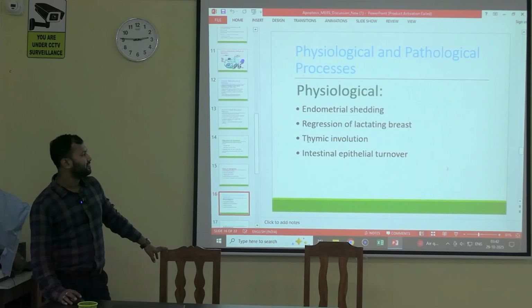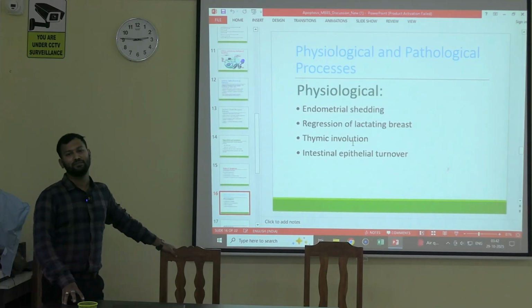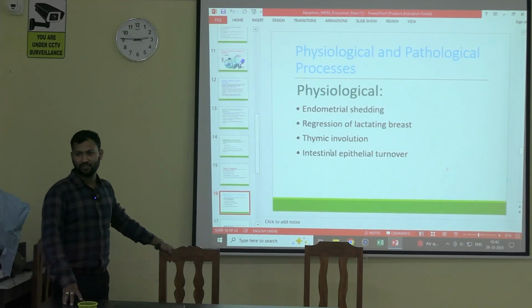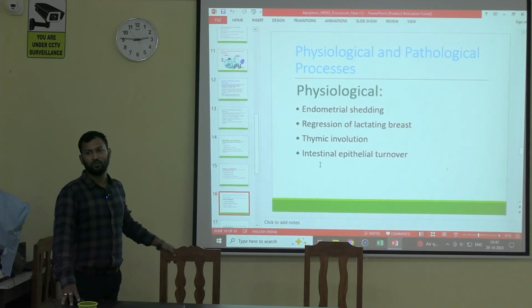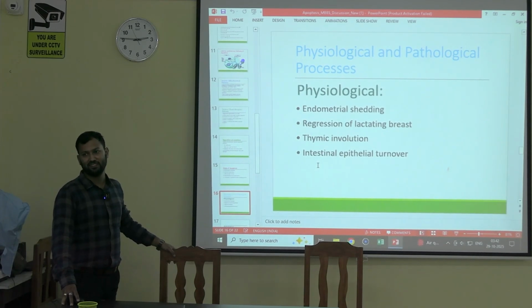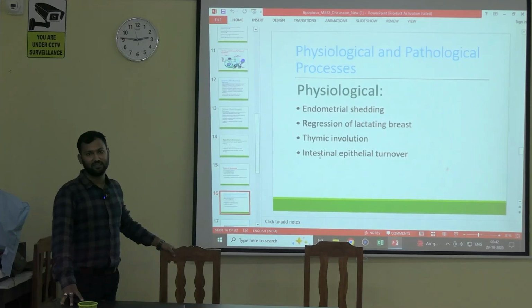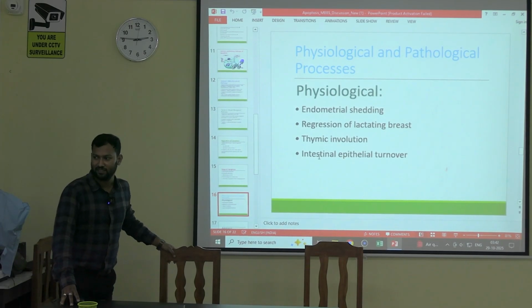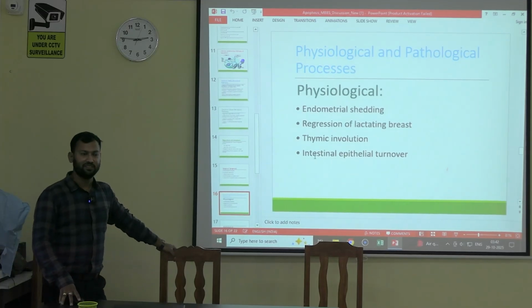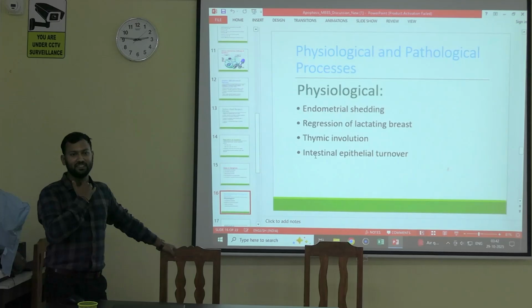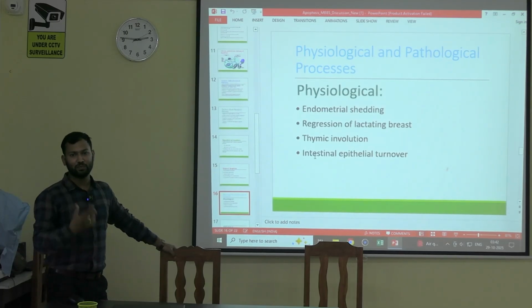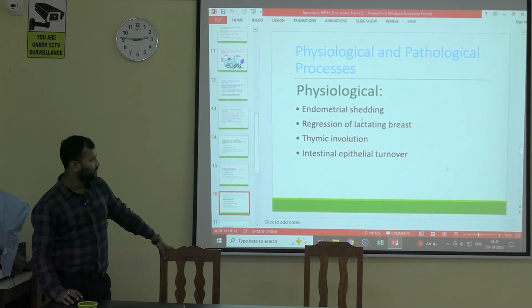Then there is thymic involution. Can anyone tell what thymic involution is? Any idea? Thymus, you know, right? What is that thing? It is a gland, the thymus gland, which sits in the neck. But in adults, it is not that prominent.